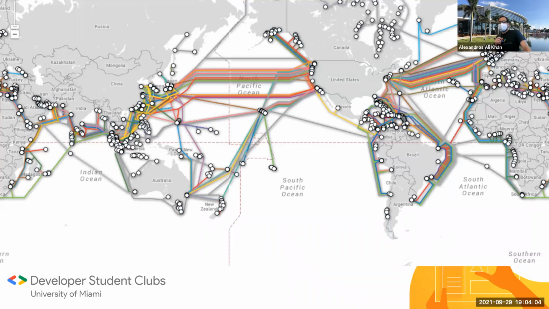Can anyone guess what this image represents? Very good. The reason we bring out this image is, I think with the widespread use of Wi-Fi, you think of the internet as something just in the air. But really, Wi-Fi is just a replacement for a wire.